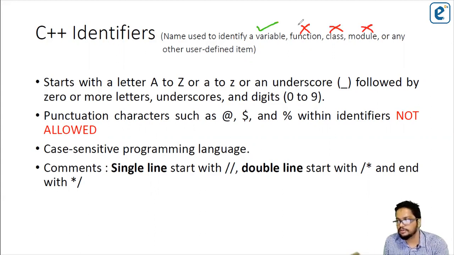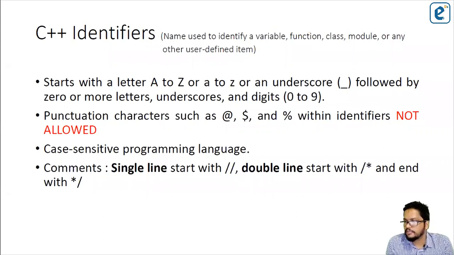So don't worry about what functions, classes, or modules are. Just keep that in mind. But I will start discussing variables now. The things I'm going to discuss under identifiers will be applicable to variables, functions, classes, and modules.